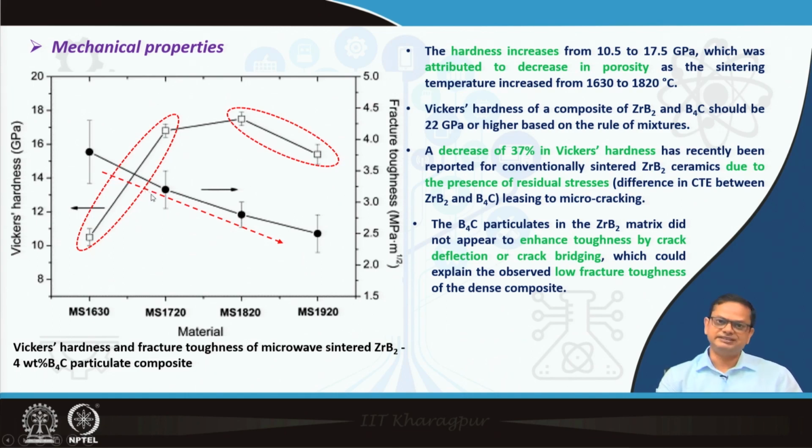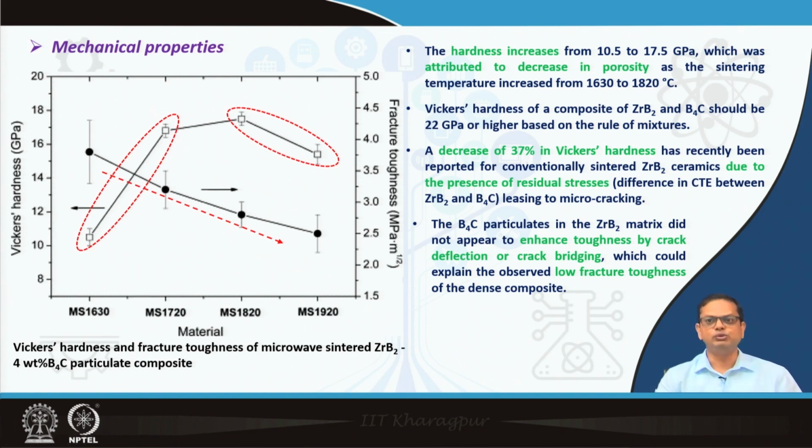One thing can be said here: in earlier cases we discussed different ceramic matrix composites, and in a few instances we showed different kinds of phenomena like crack bridging, crack deflection, crack branching, and delamination at the interface, which actually lead to improvement in fracture toughness in ceramic matrix composites. Those phenomena or factors are not happening here, not playing a role here. That is why fracture toughness does not get improved.